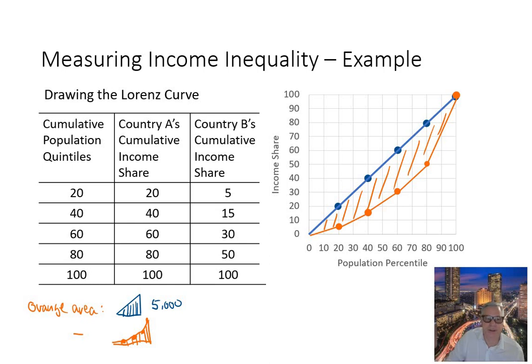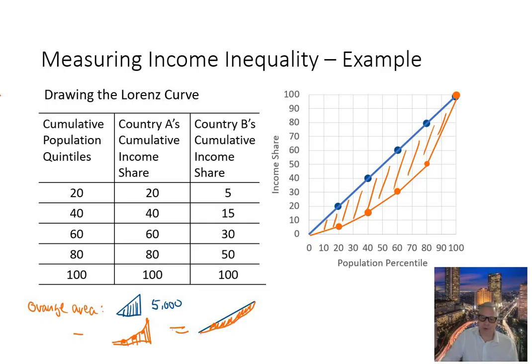If we subtract this, what we get is the area underneath the perfect equality line and above the actual Lorenz curve, so the area inside here.